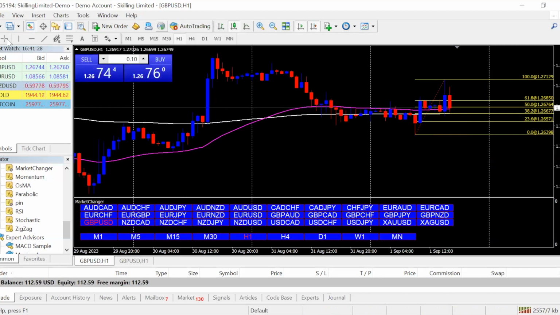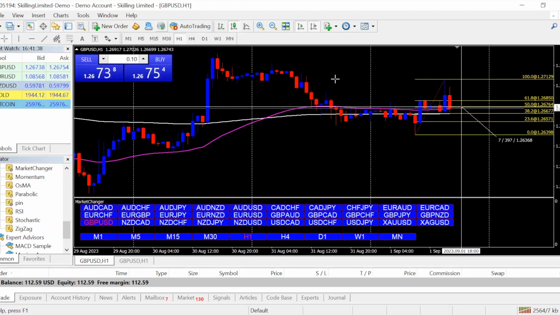So what I'll do is check: if I buy here at 50%, my stop loss would be below this zero at 0.000%, which is 1.26398. You just deduct 5 pips from that price, so we have 1.26348.